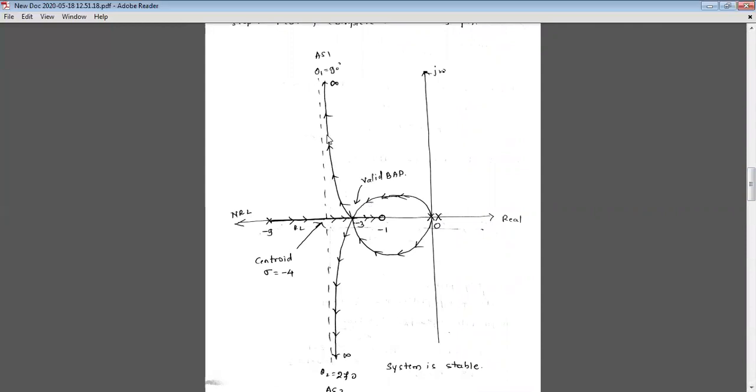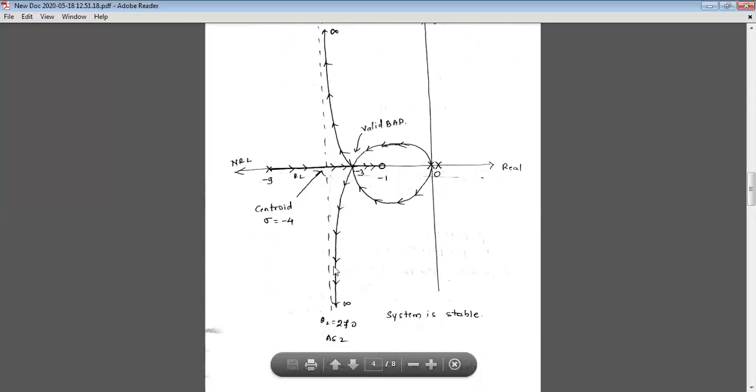They follow this asymptote and reach infinity, where they get a particular zero. Similarly, this pole will cross like this at the BAP and go up to infinity, where it reaches the zero at infinity. This is how the root locus traces.